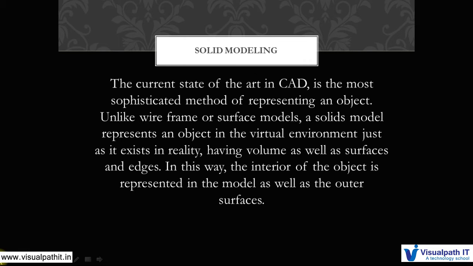In this way, the interior of the object is represented in the model as well as the outer surfaces. The object which you create virtually has all the proper information: volume, thickness, mass properties, densities, and how it cuts and how it looks when you take a cross section of it. So you can see all the information inside this.